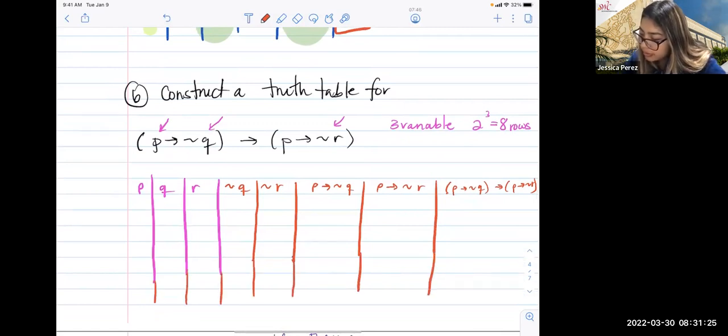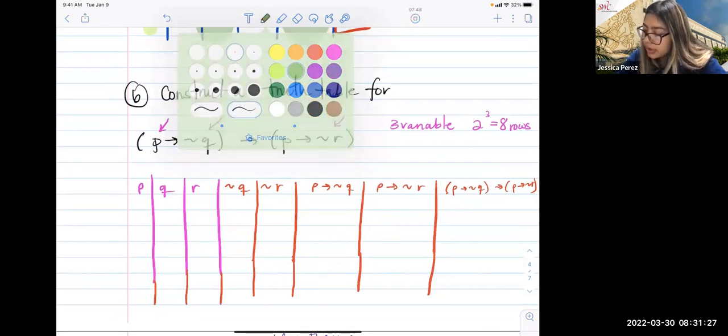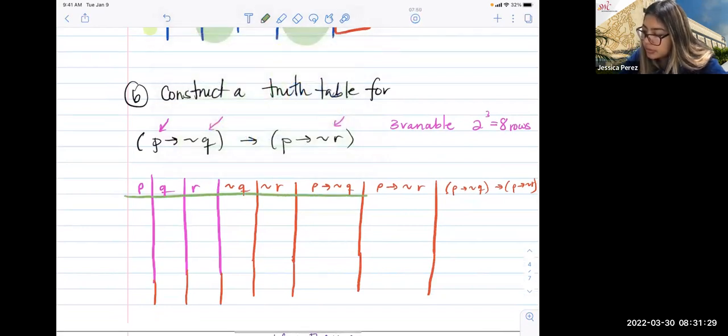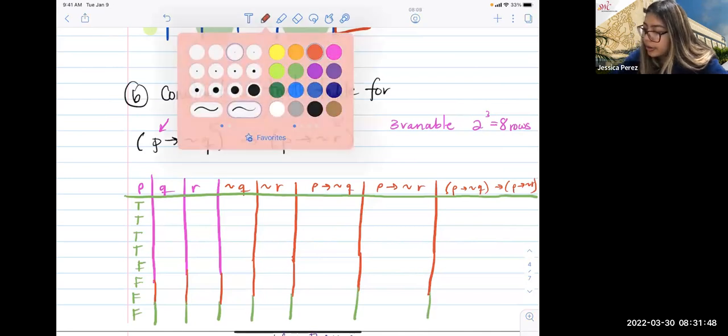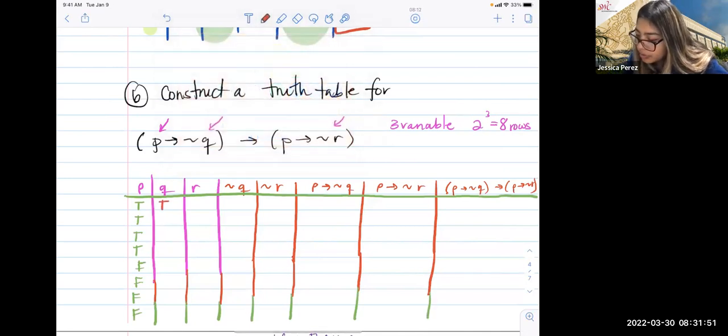So the way that you do 8 rows is the following. True, true. There's 4 trues on the first, and then there's 4 falses. Here, you're going to have true, true, false, false. It alternates true, true, false, false.